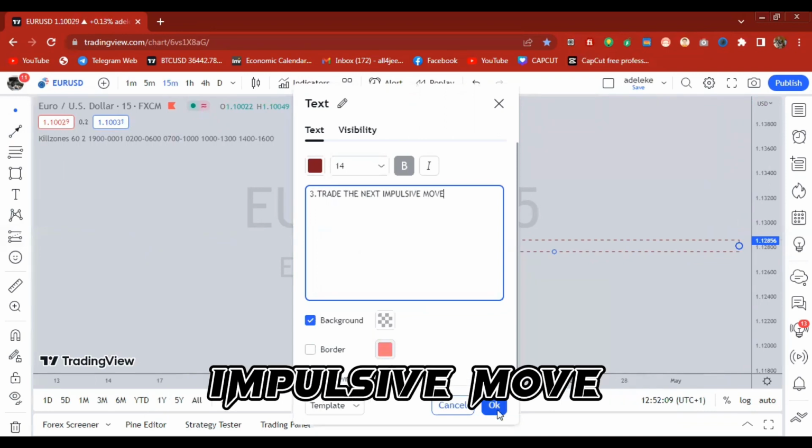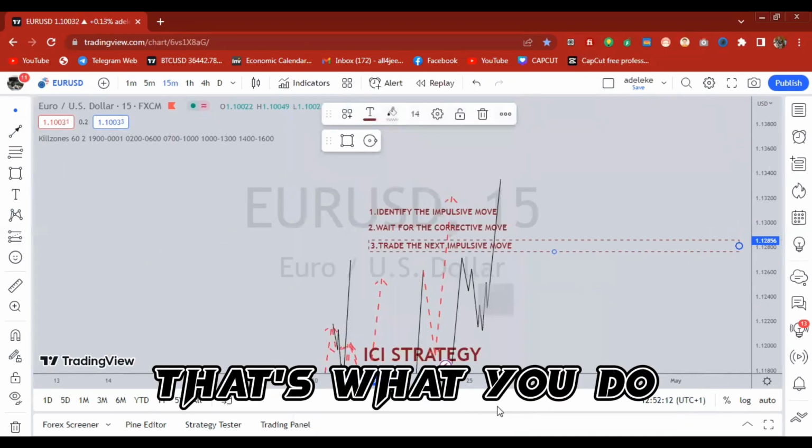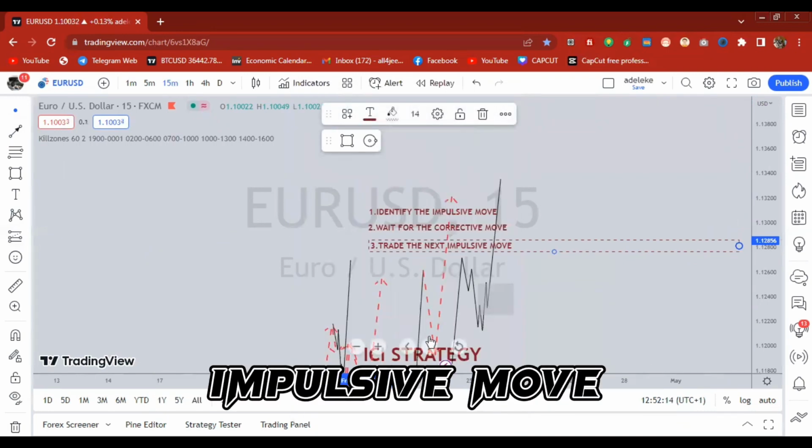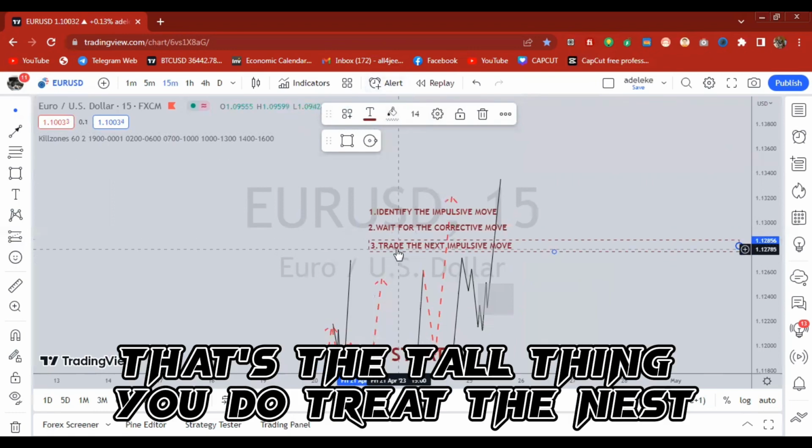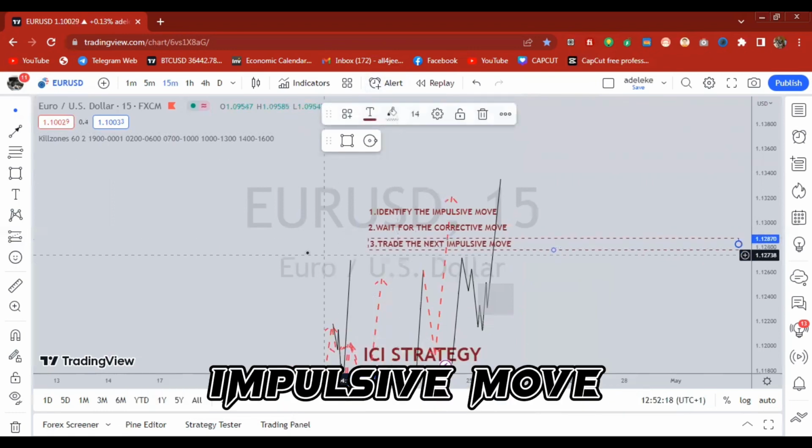You trade the next impulsive move. That's what you do. That's the third thing you do. You trade what? The next impulsive move.